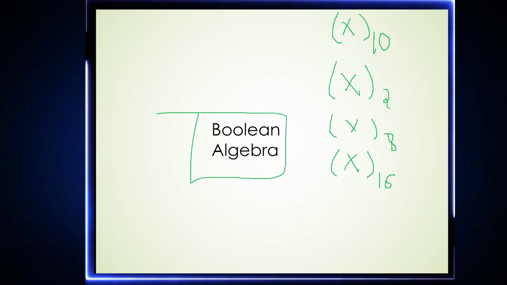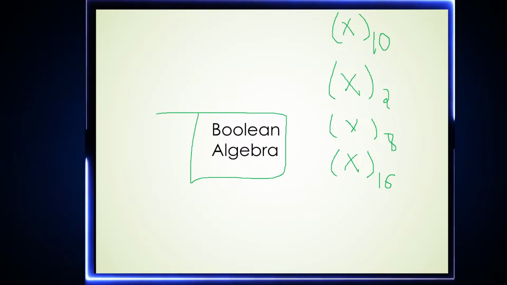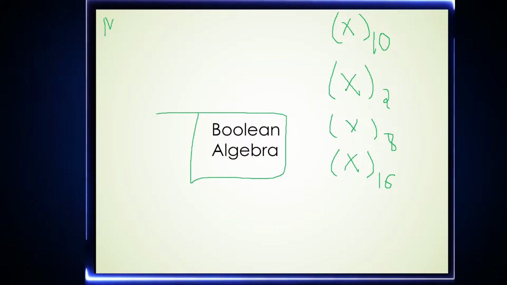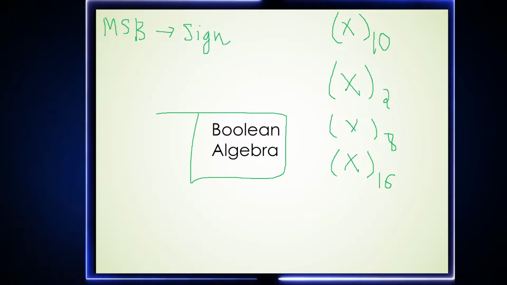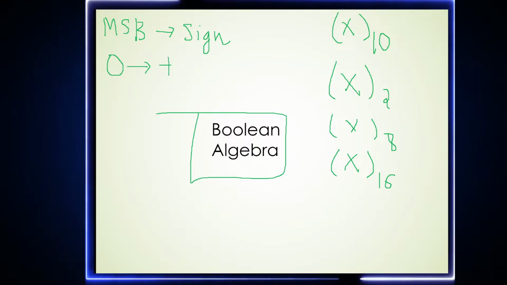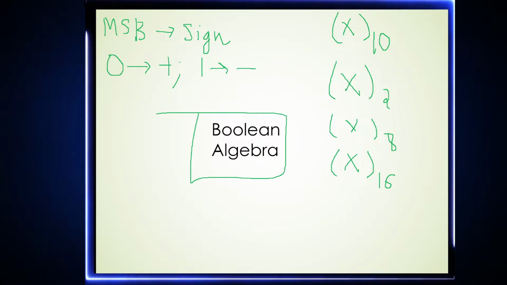Then we saw the types of binary number representation. First one was the sign bit. The most significant bit of a given number is called the sign bit, right? When the sign bit is 0, it is a positive number, and when it is 1, it is a negative number. Right? This is what we saw.